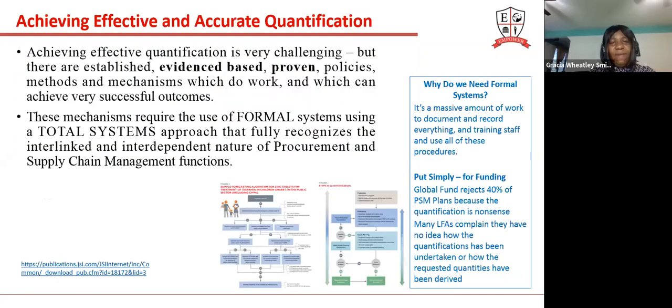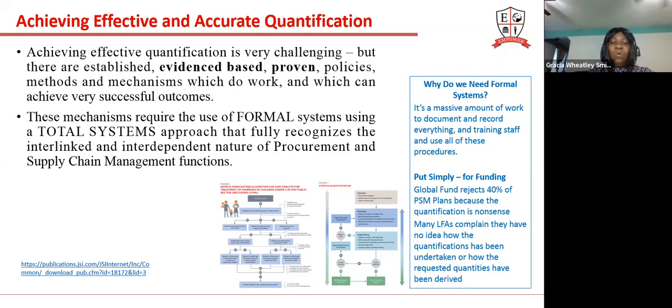So achieving effective, efficient, appropriate quantification. Achieving effective quantification is very challenging, but we have established and proven evidence-based policy methods and mechanisms that work and which can be very successful in their outcomes.